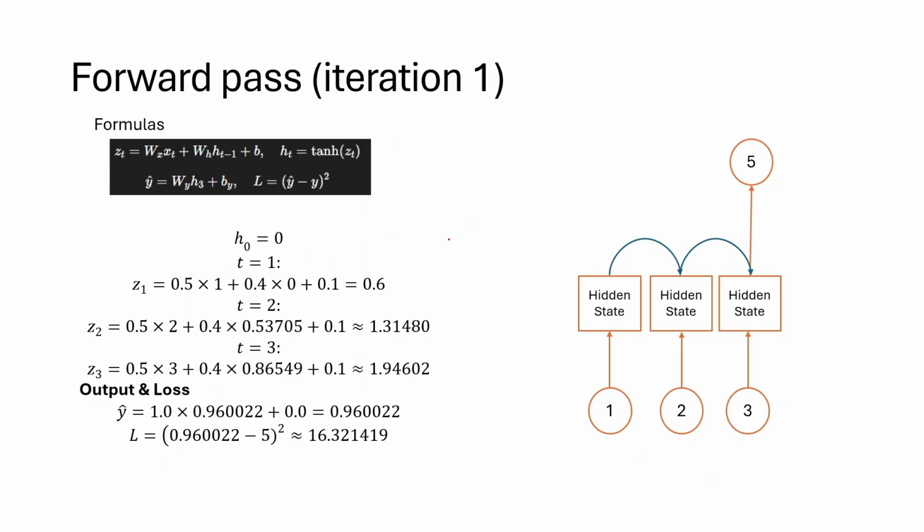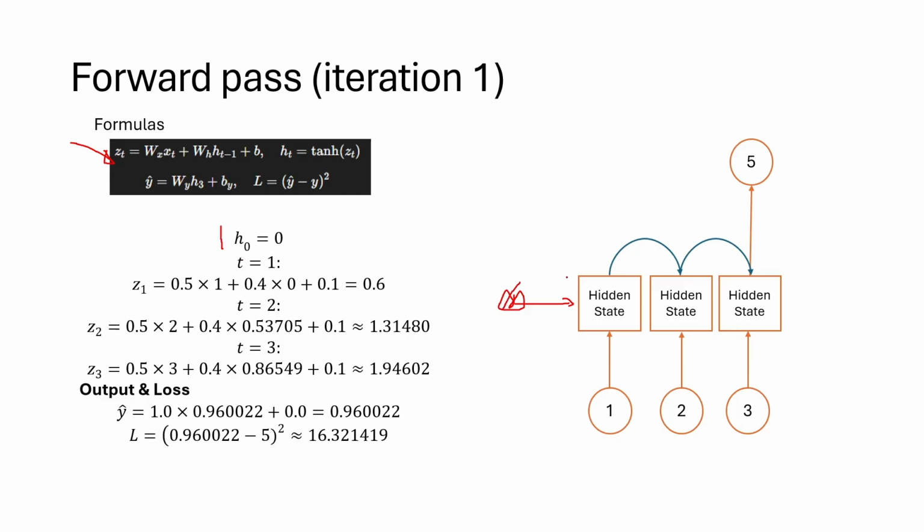Okay, so let's do the first forward pass. I put here the formulas. H0 is 0 because we have nothing here.